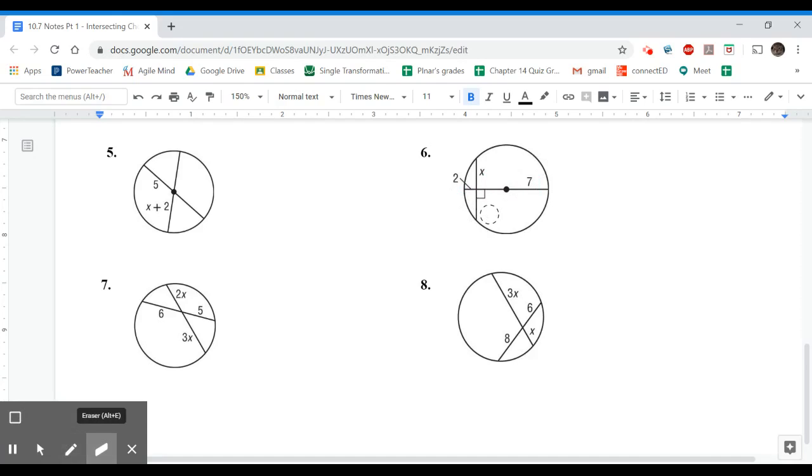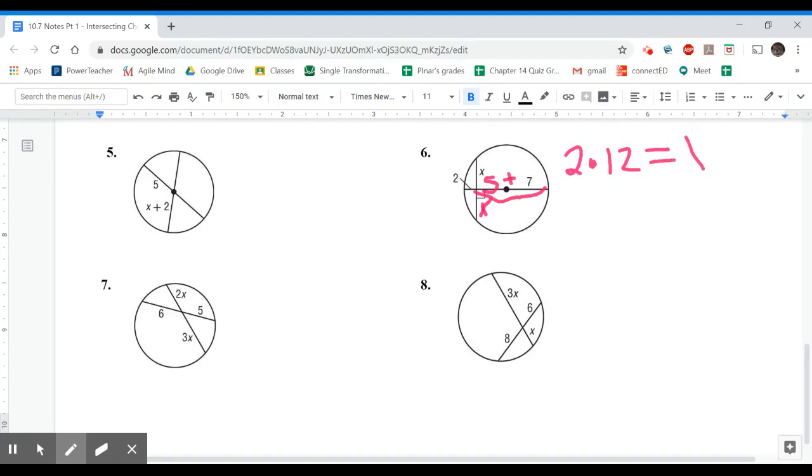So here we have x, here we have x, and here we have 5. Okay, so those are our pieces. So on the one side here, I have a 2, and then on the other side, I have 12, 5 plus 7. Okay, and for the other chord, I have x times x, or x squared.